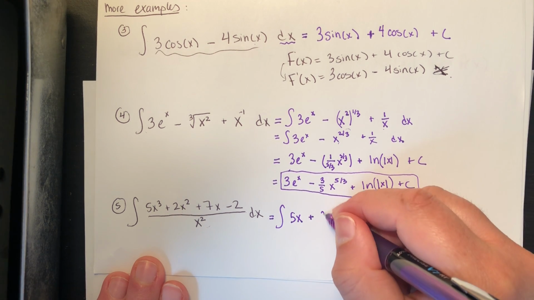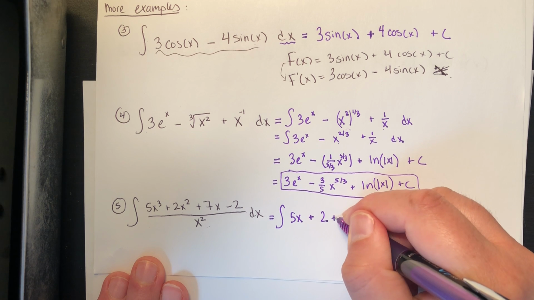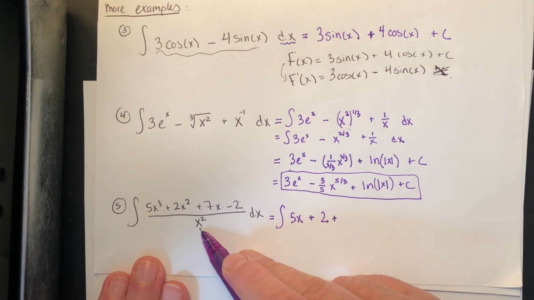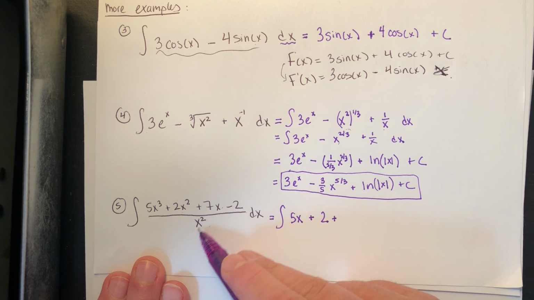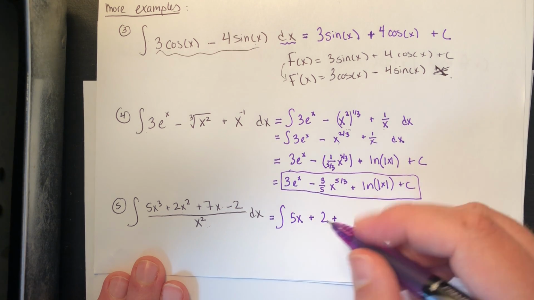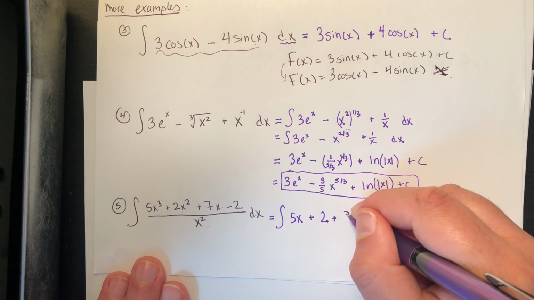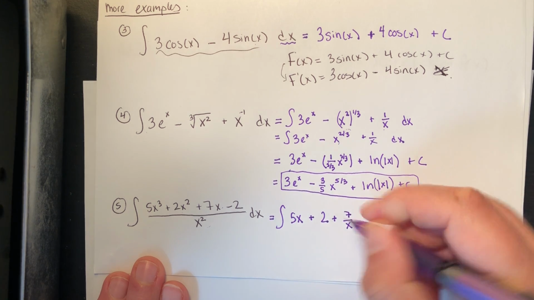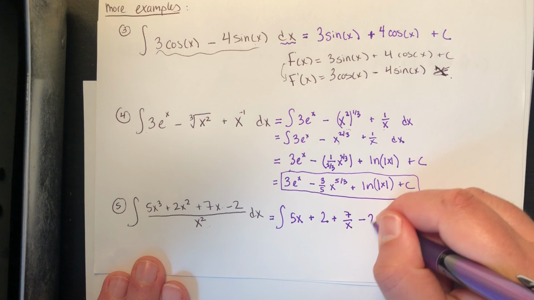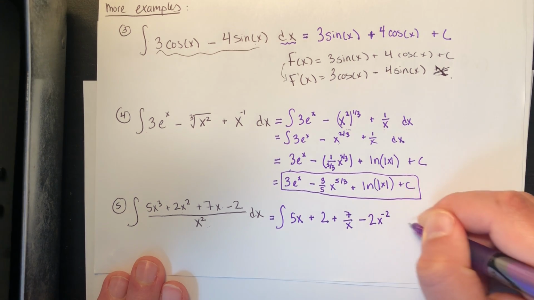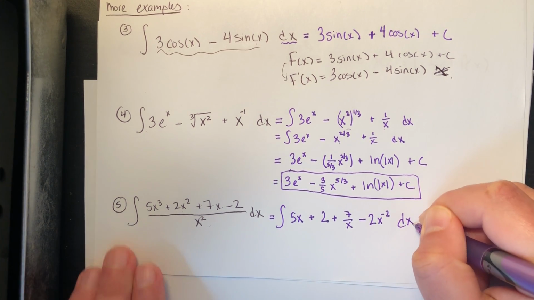The x's cancel, so it's just 2. Plus, what's 7x squared? I'm sorry, 7x over x squared. Well, one factor of x will cancel in the numerator, but we'll still have 1 below, so we can write that as 7 over x. And then what's negative 2 over x squared? That's just negative 2x to the negative 2 dx.